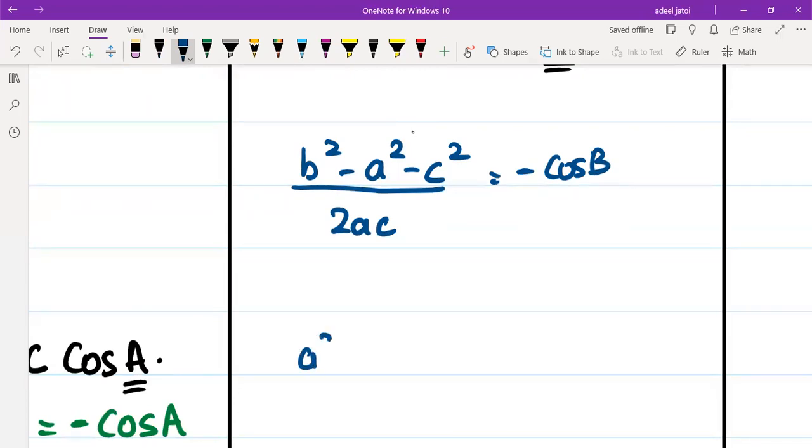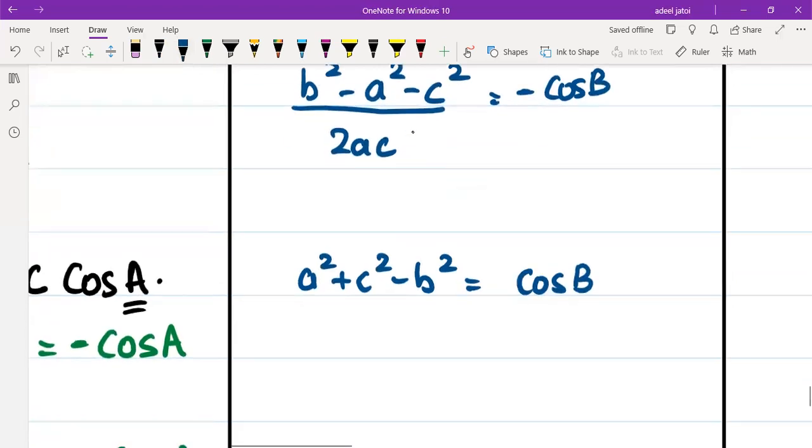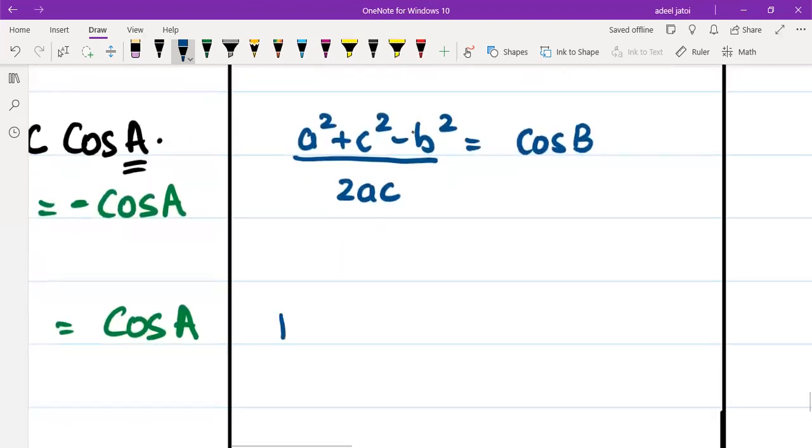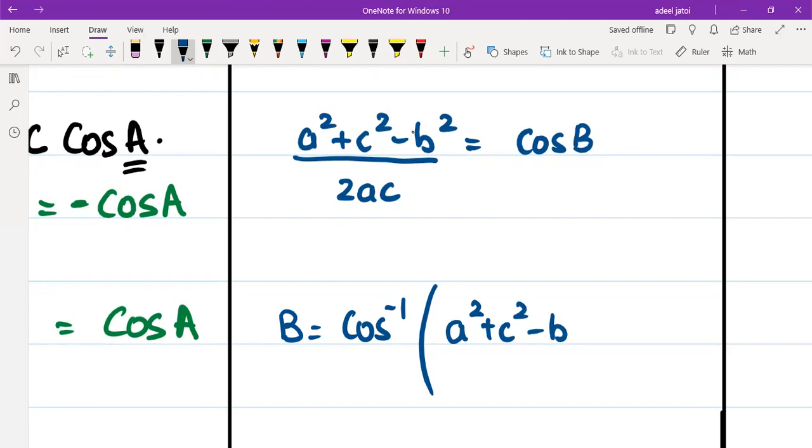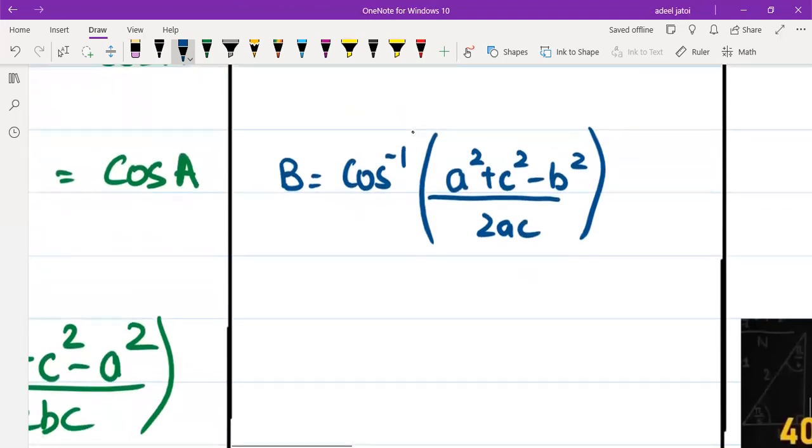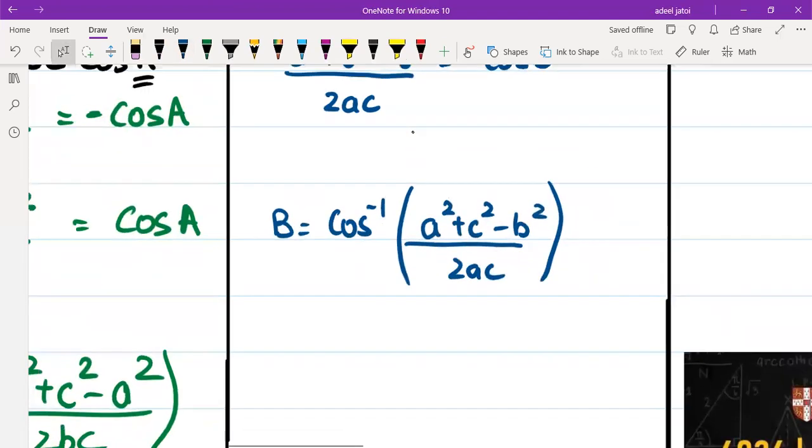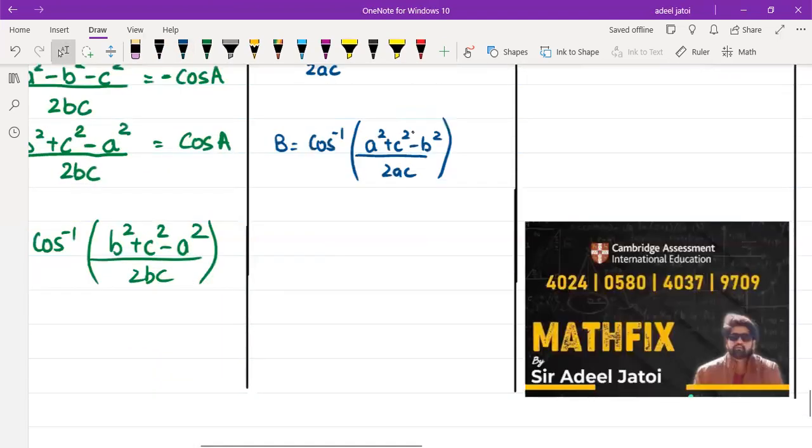So this should be A square plus C square minus B square is equal to cos B, but the denominator remains the same. To find B, this should be cos inverse of A square plus C square minus B square upon 2AC. So this will be your answer for the value of B.